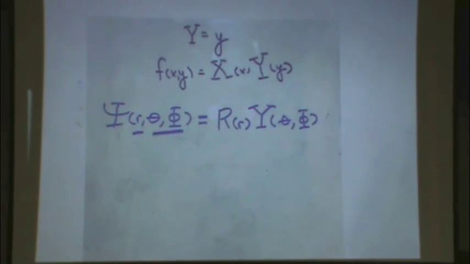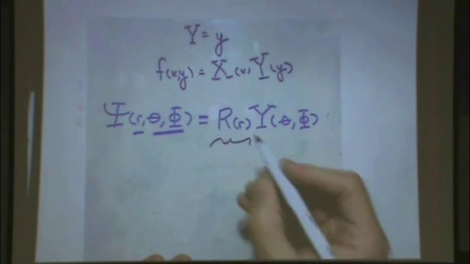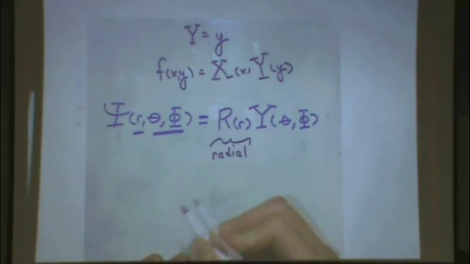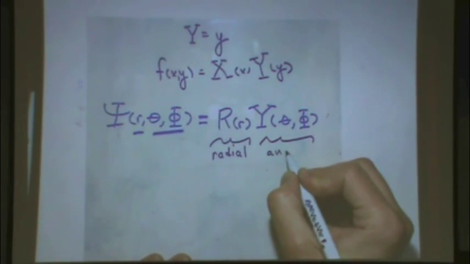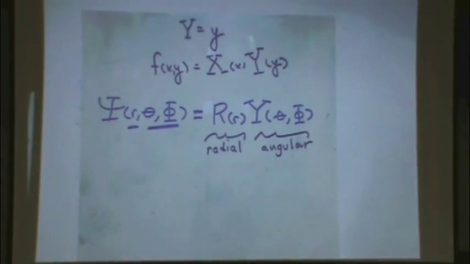And we don't just stay there, we give everybody a name, because everybody has their own special identity. This is the radial wave function, and this is the angular wave function, making up the total psi wave function. So the radial and the angular part of the wave function. Just names. That's it.